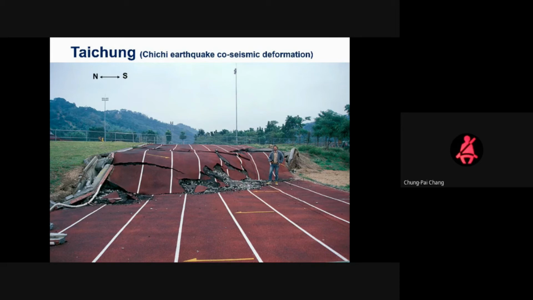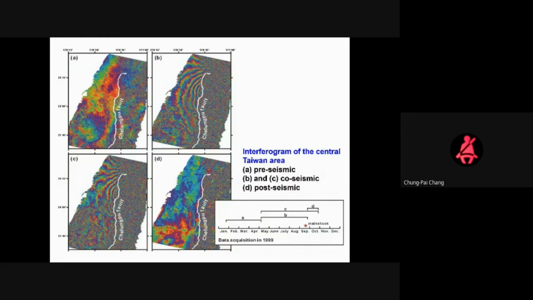Firstly, we can download some images acquired before the earthquake, and then some images acquired after the earthquake, compare them directly and calculate the phase difference. I'll show you the result. Here, the cross axis shows the time of 1999.